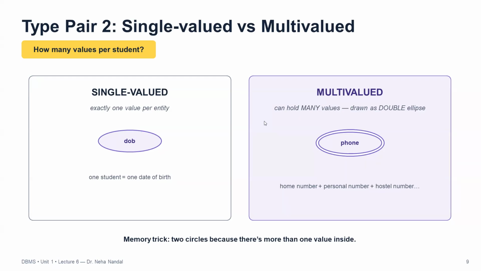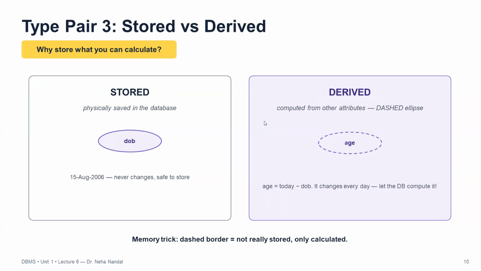Okay. So next one is stored versus derived attribute. It is very interesting and one of my favorites. Basically, it will tell you how our database thinks. You have to think whether we should store this attribute or not. Here one attribute is given as date of birth.